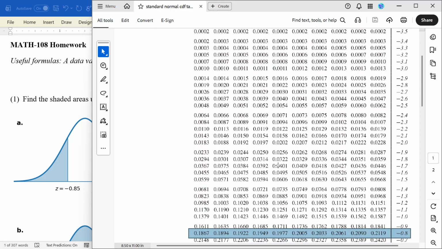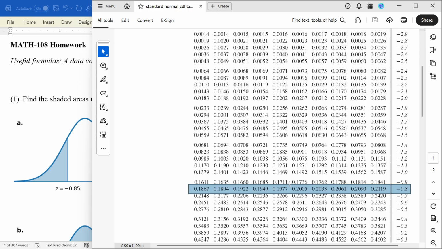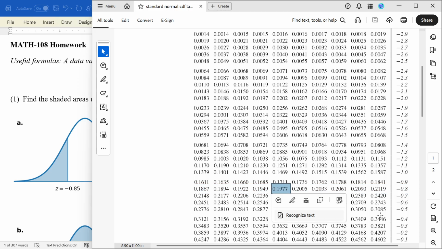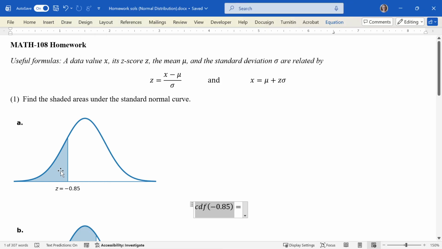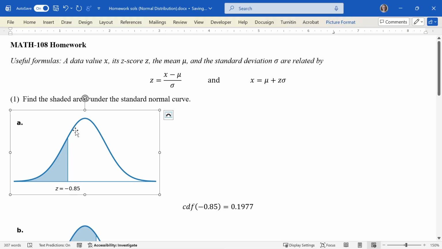So I'm in this column right here, and that gives me this one right here, 0.1977. That is in fact the area under the curve to the left of this z-score. So that represents a percentage of 19.77%. That is the percentage of the area under the curve that is shaded right here.